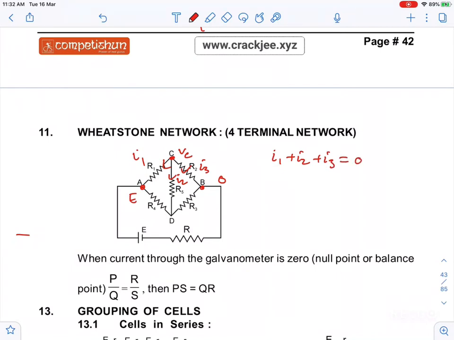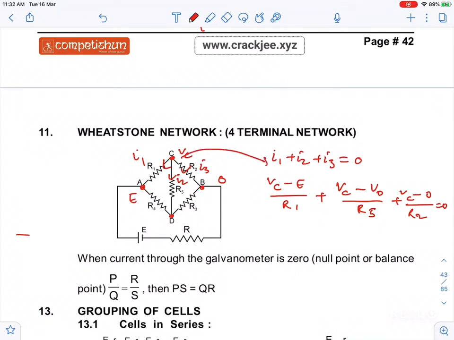So I1 plus I2 plus I3 is equal to 0, because the sum of all outgoing currents is zero. This can be written as (VC minus E) by R1 plus (VC minus VD) by R5, where VD is some potential, plus (VC minus 0) by R2 is equal to 0. This is the first equation.